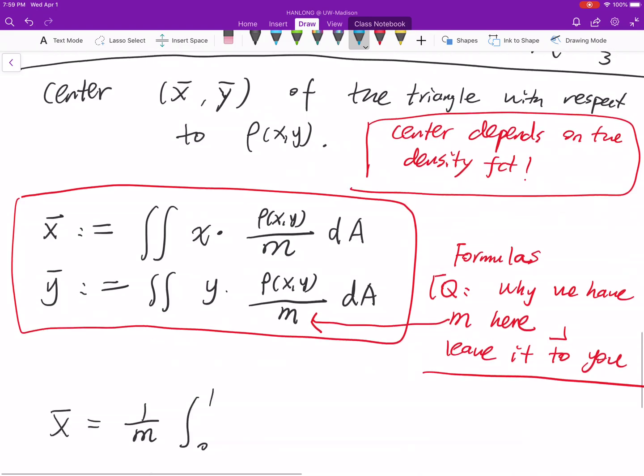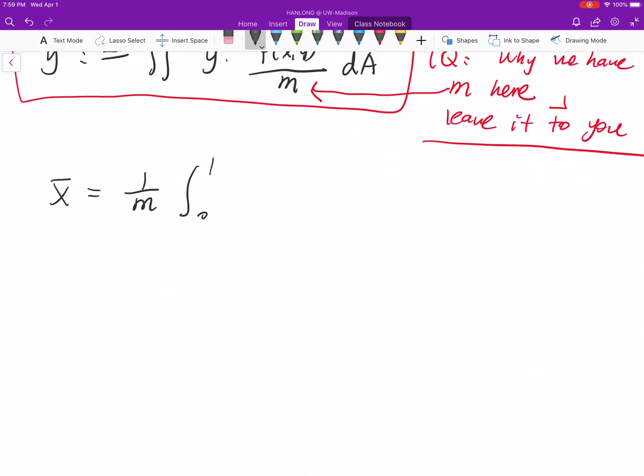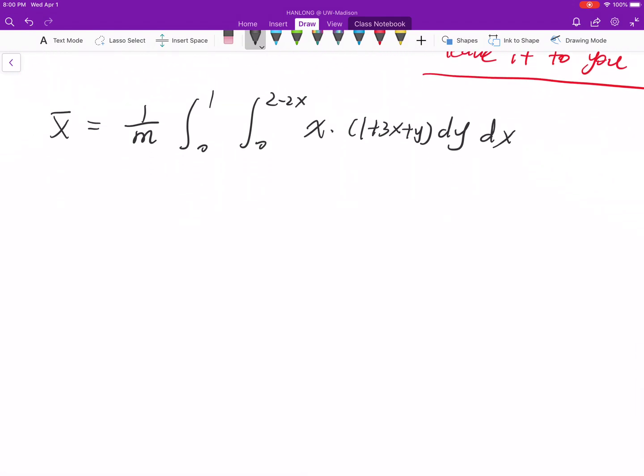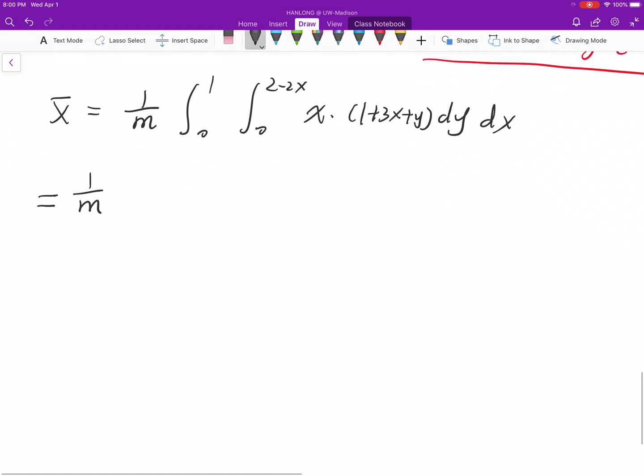How to view it as a type 1 domain: 0, 1 is outside, and inside is 2 minus 2x, and then you have x times 1 plus 3x plus y, dy, and then dx. Of course, the computation is a little bit more involved, but the idea should be the same.